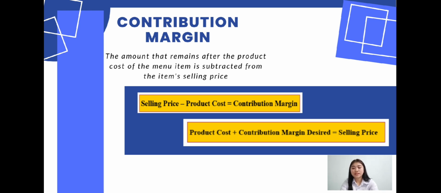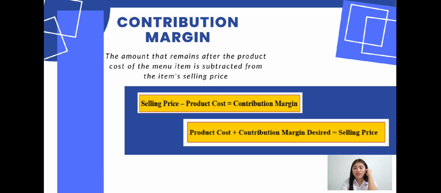So, next naman is kapag nagamit mo na yung approach na yon or yung formula na yon, yung selling price minus product cost is equal to contribution margin. Para naman ma-determine kung paano makuha yung selling price, ito naman yung formula.